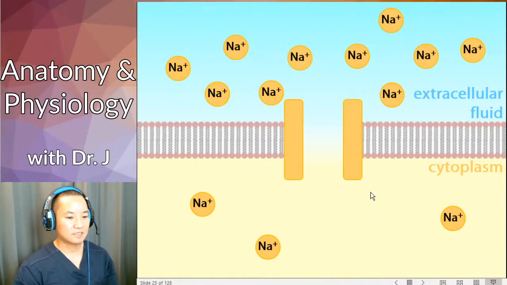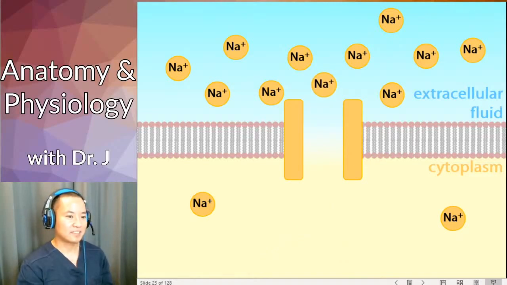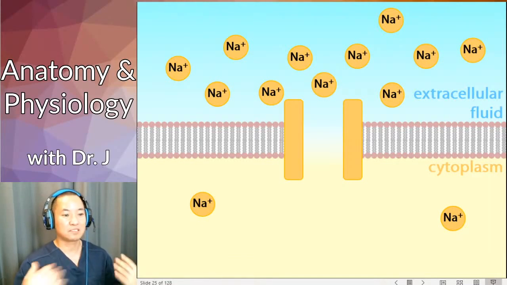Now, can it go from low to high, just like that car going uphill? Why can't these sodium ions that are inside the cytoplasm join all the other ones in the extracellular fluid? Well, remember how I said positive attracts negative and negative attracts positive? The thing is that like repels like. Positively charged ions actually push away other positively charged ions, same with negative ions and negative ions.